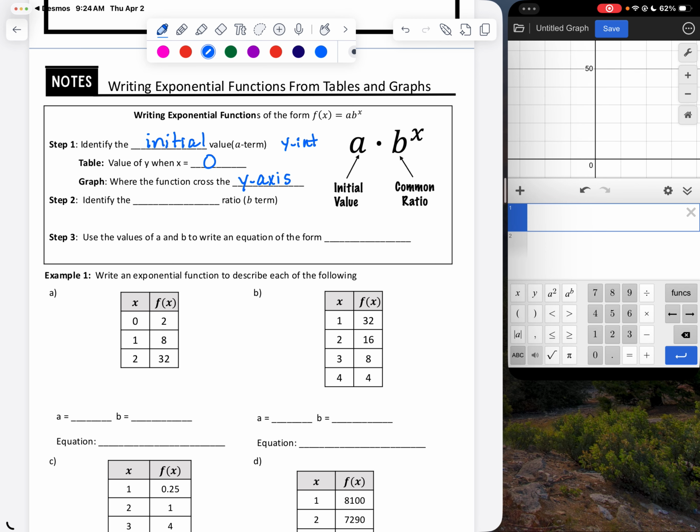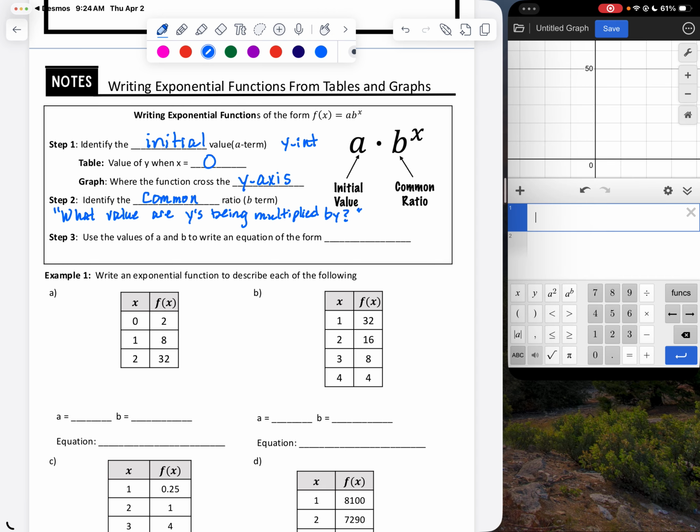All right. The second thing you want to do is identify the common ratio, or what value are the y's being multiplied by?